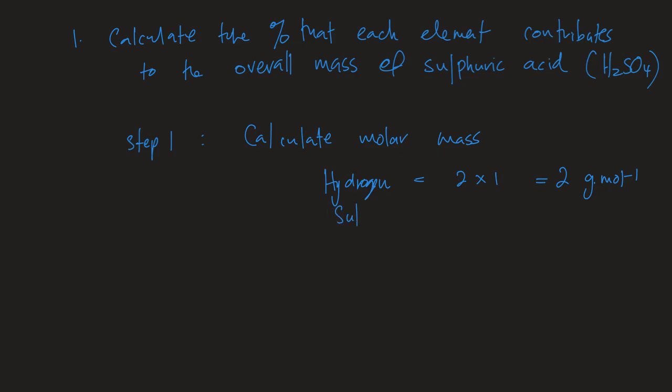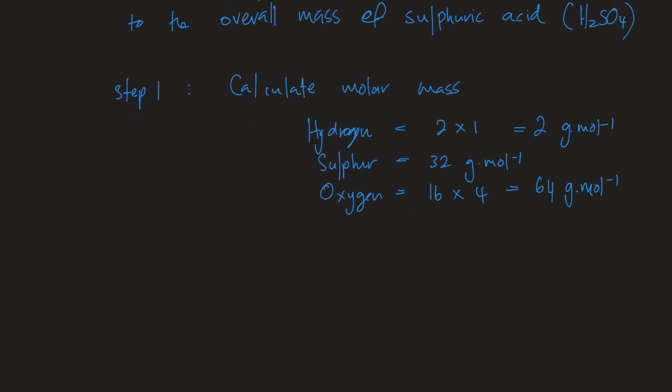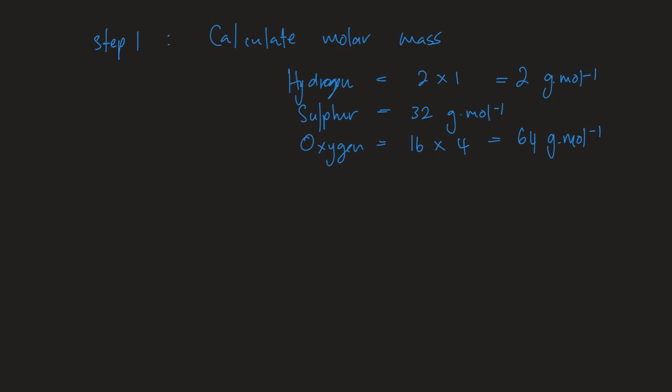Then you've got sulfur, which is 32 grams per mole. And then you've got oxygen, which is 16 times 4, which gives you 64 grams per mole. We've already worked this out, so we're going to use that previous question. Therefore, the molar mass of H2SO4 is equal to 98 grams per mole.